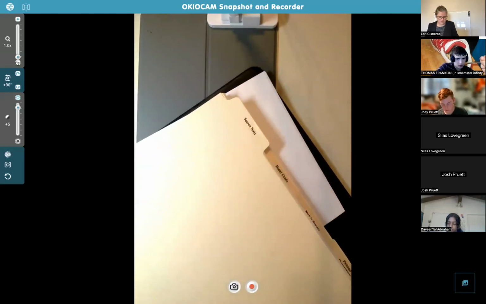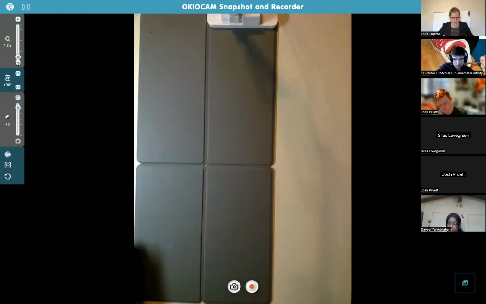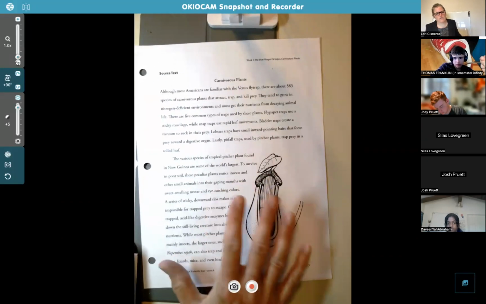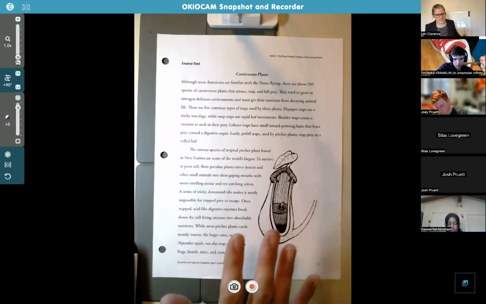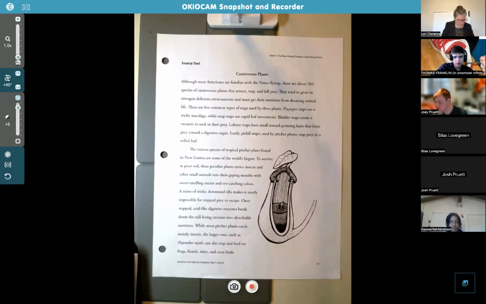All right, once you get those in there, close your rings up. Today, we're going to work on one called carnivorous plants. You should already have this out from, I think, last week. So it should be at the very front of your binder. It is page 13. And we're going to look at this one next.